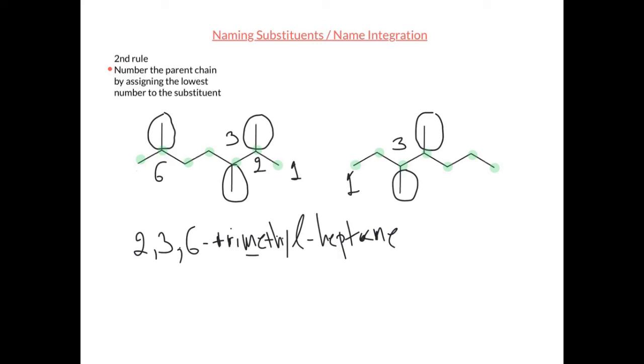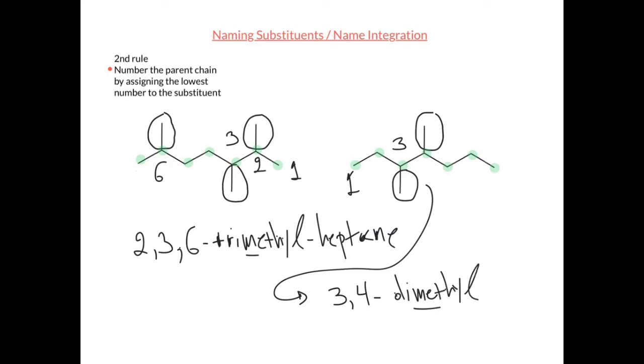And how do we name this? It's going to be 3, 4-dimethyl, because I have two methyl groups and I have here 1, 2, 3, 4, 5, 6, 7. Similarly, it's going to be heptane.